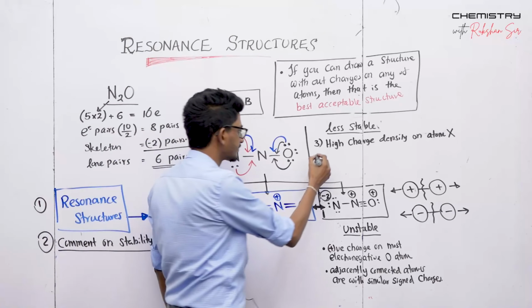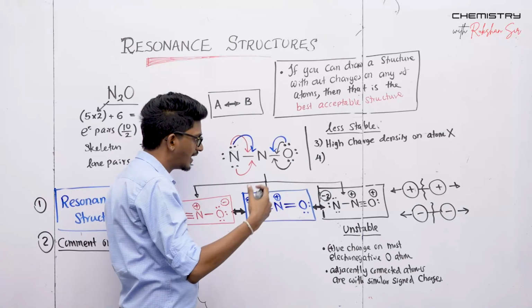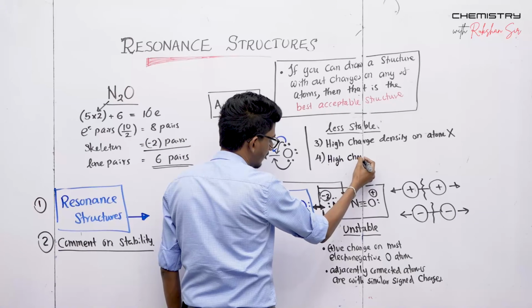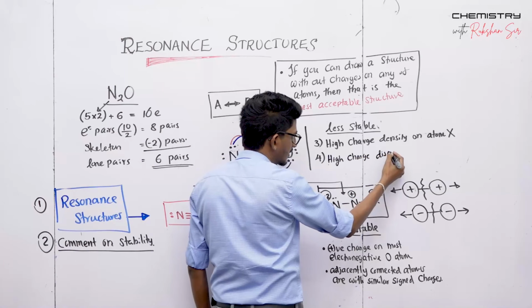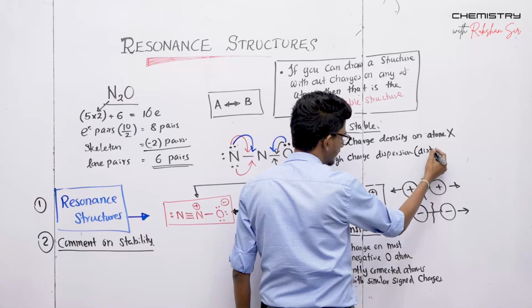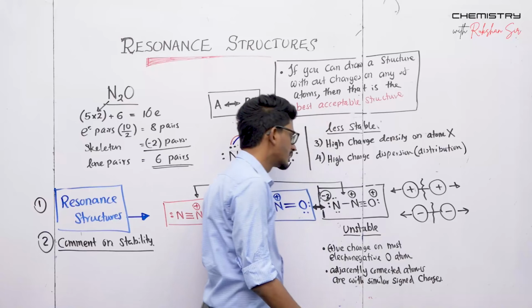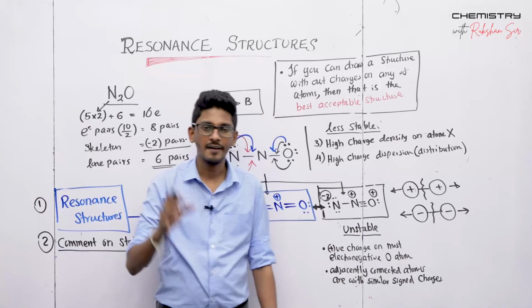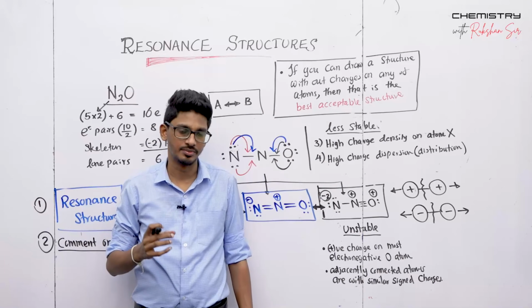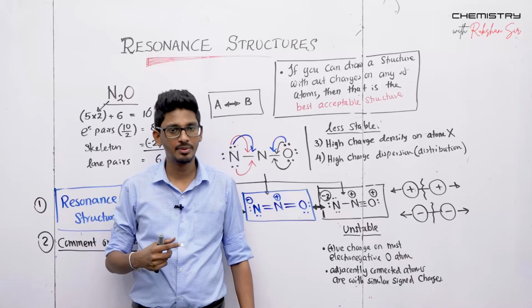The fourth point is about high charge dispersion, or high charge distribution. This comment is written when you have more atoms with charges compared to the more stable structure.